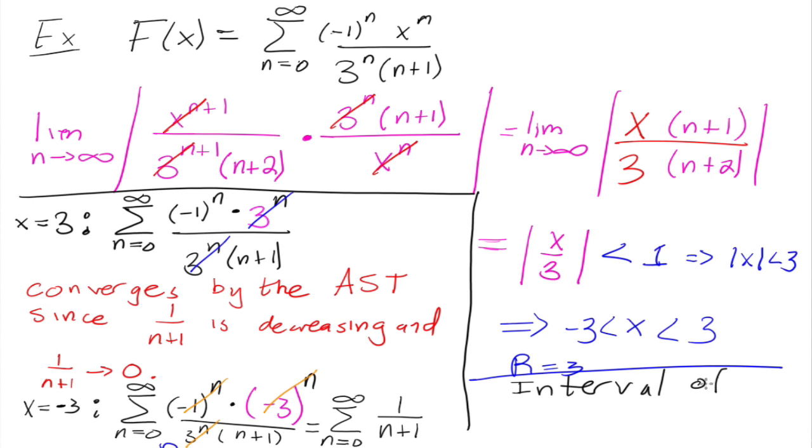Did I get any new information here? So the interval of convergence is from -3, not including -3, all the way up to 3, including 3.